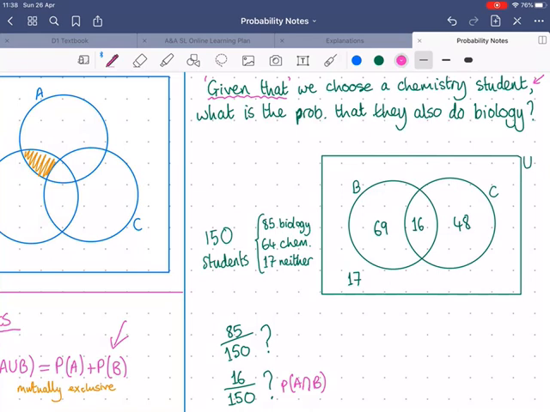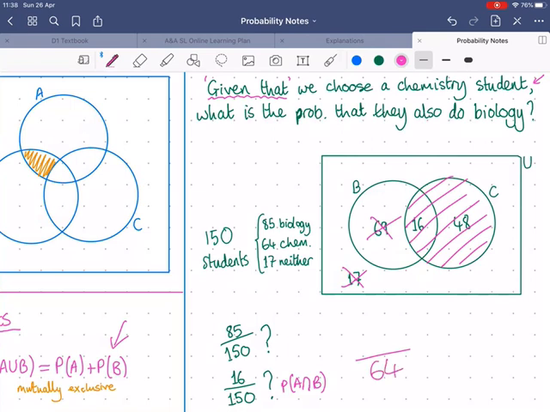Given that we choose a chemistry student, what does that tell us to do? Well, it basically tells us to discount any student that does not study chemistry, and just focus in on these 64 chemistry students.